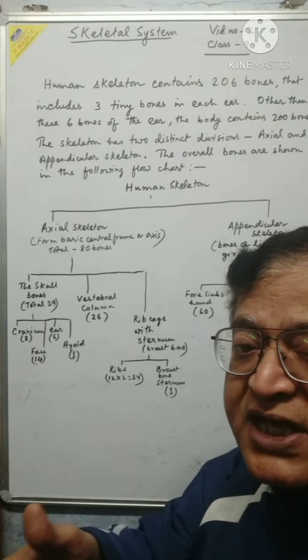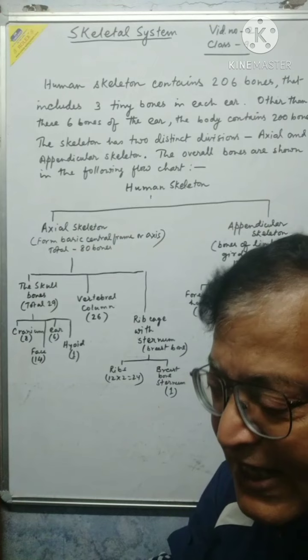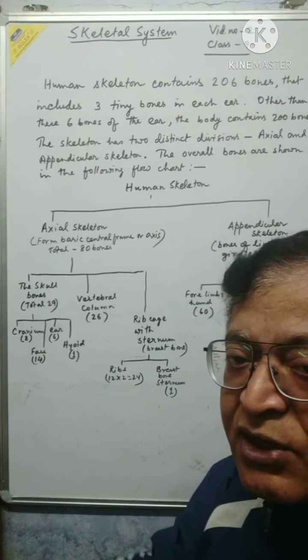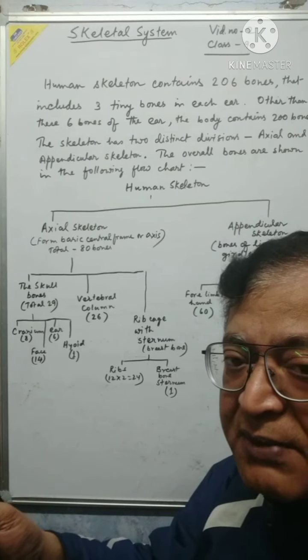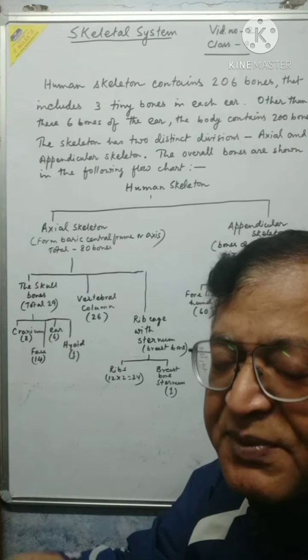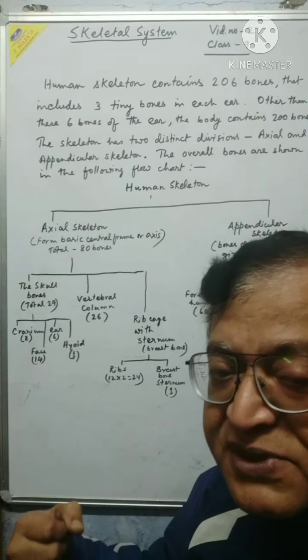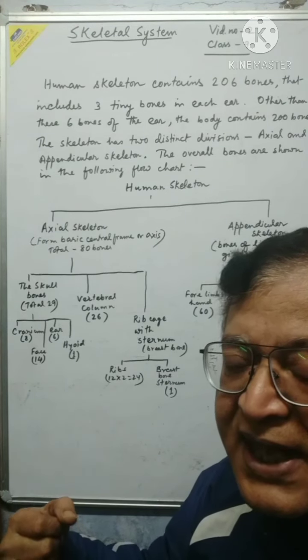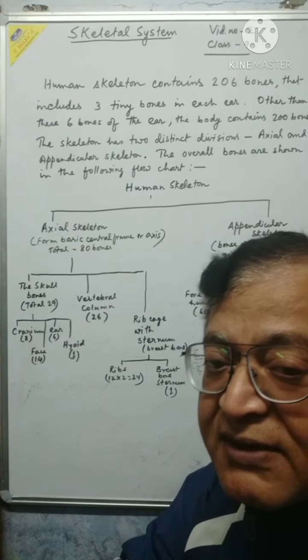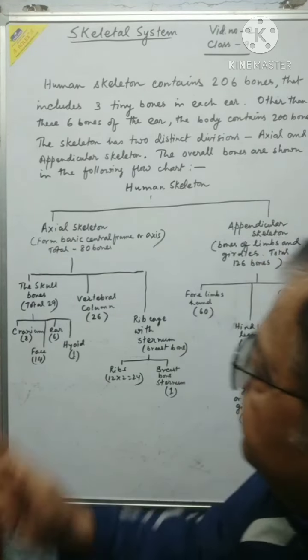The axial skeleton gives the axis framework of the body, and the appendicular skeleton is the part of the bones which is attached onto the axial skeleton. That means the bones of the limbs, hands and legs, and the girdles. That means the joints with which the hands and legs are connected.